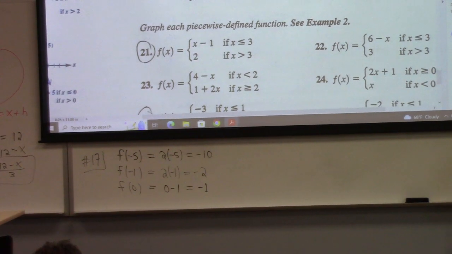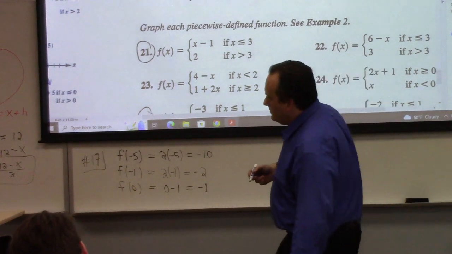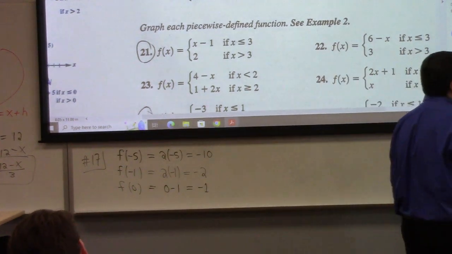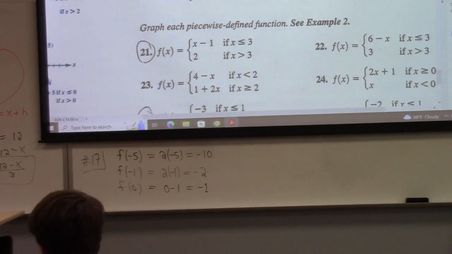And then the instructions are graph y equals f of x. So here's my example. What example are we on? I don't know, 8, 9, whatever. So how would you graph this? What do you have to do?